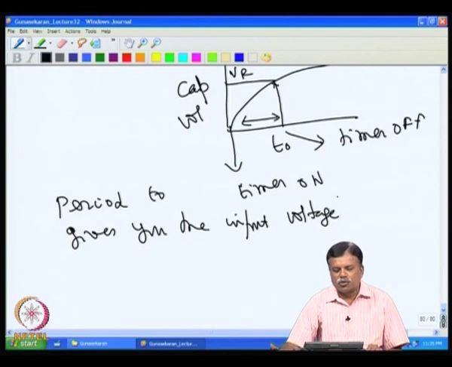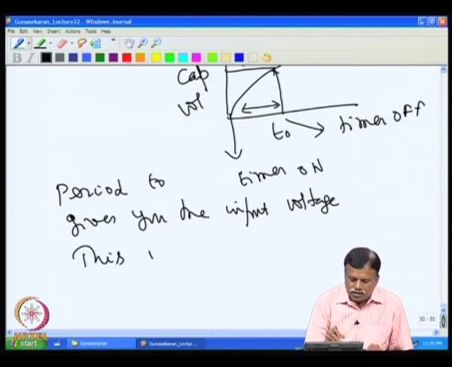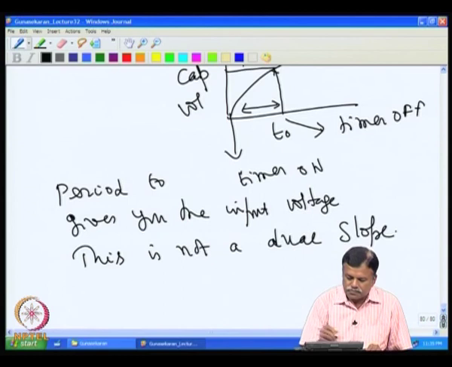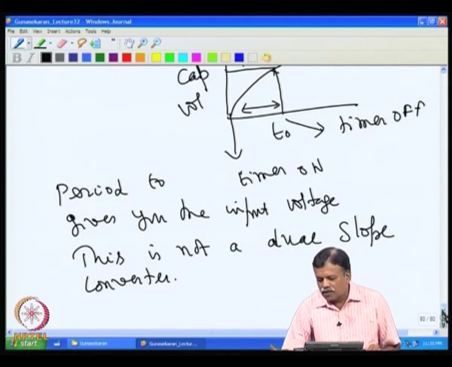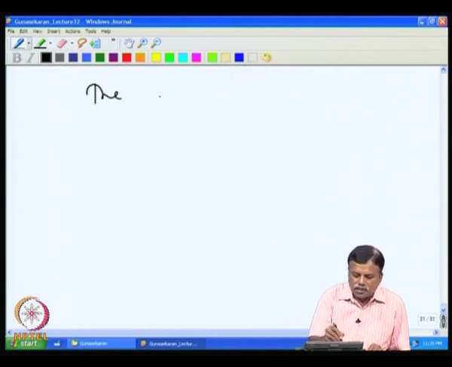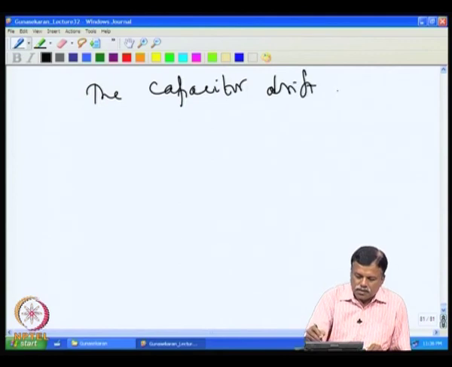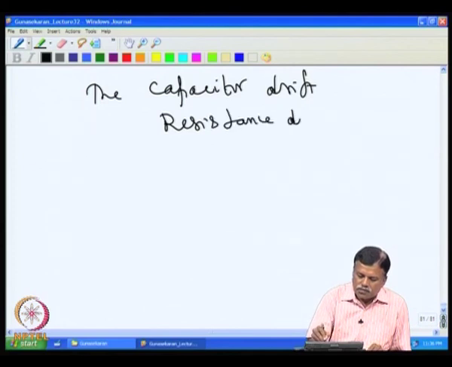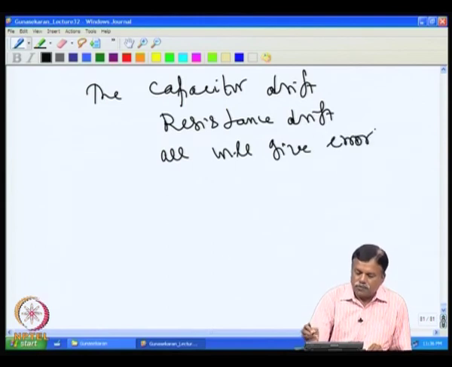But this is not a dual slope converter. The capacitor drift and resistance drift will all give error.